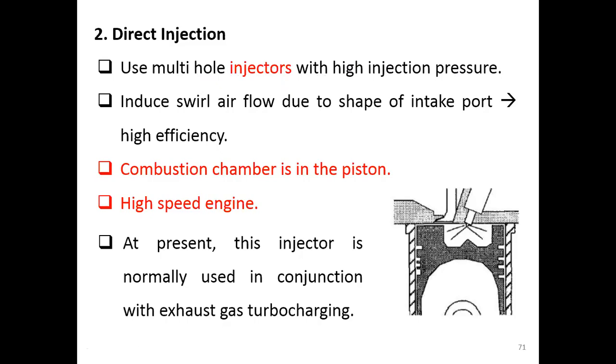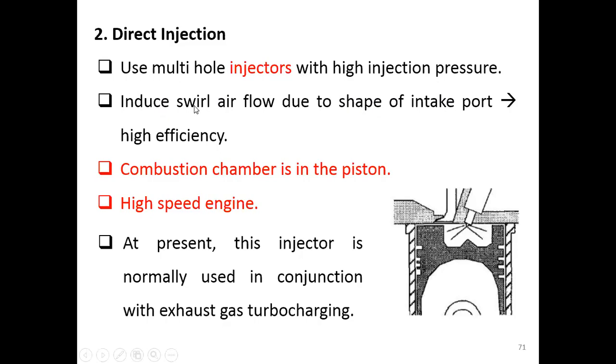This injection method will not rely only on itself for mixture generation. It also relies on the shape of the intake port, the port where the fuel enters the chamber, in order to induce the air inside the chamber to swirl.